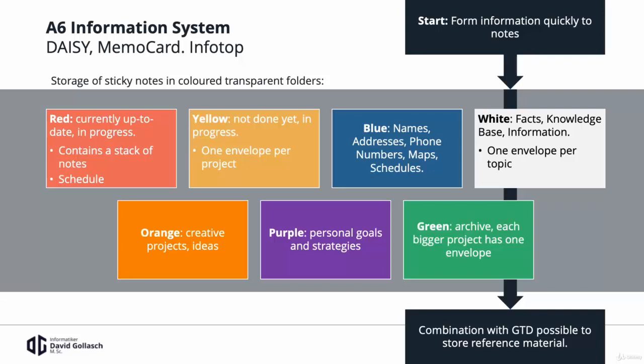So, of course, the colors of these folders are interchangeable, so it's up to you which color you prefer taking for this method. But I would suggest to at least follow the rule that the red folder should be used for the currently active and important things to care about at the moment, and the yellow one for projects that you are currently working on or with tasks that are not done yet and not currently on a to-do list.